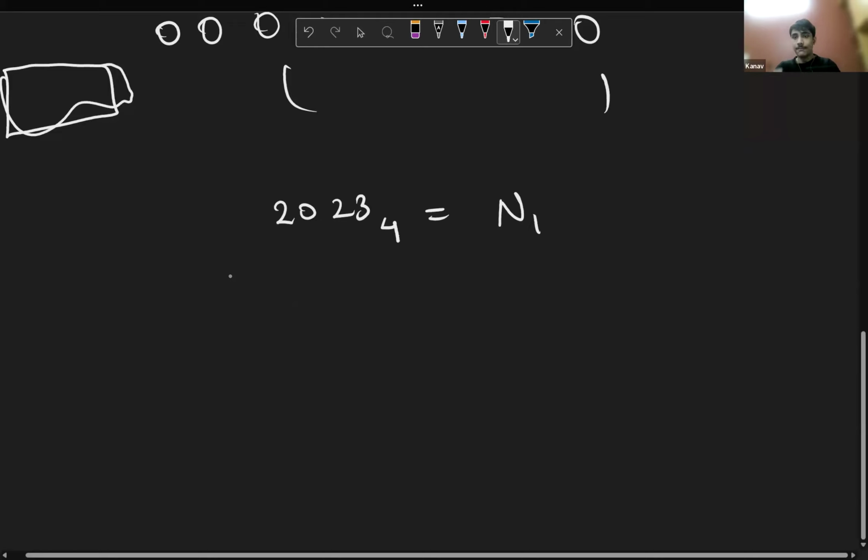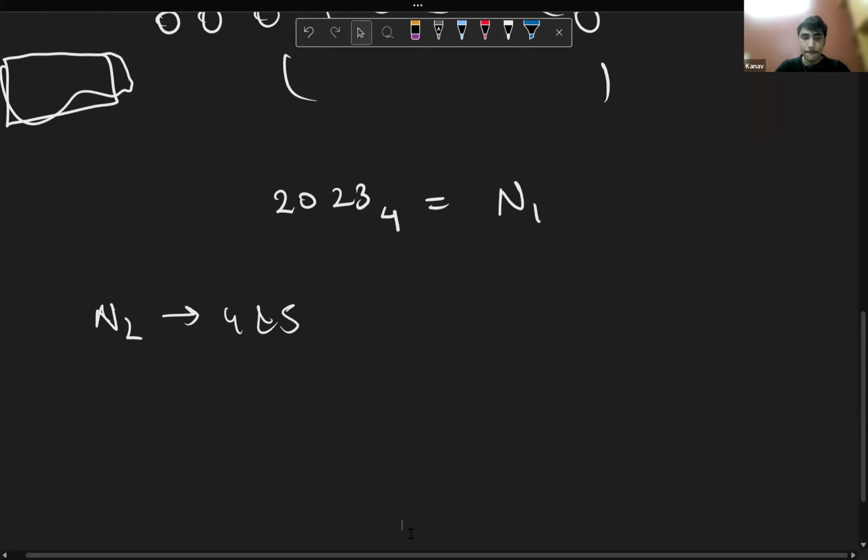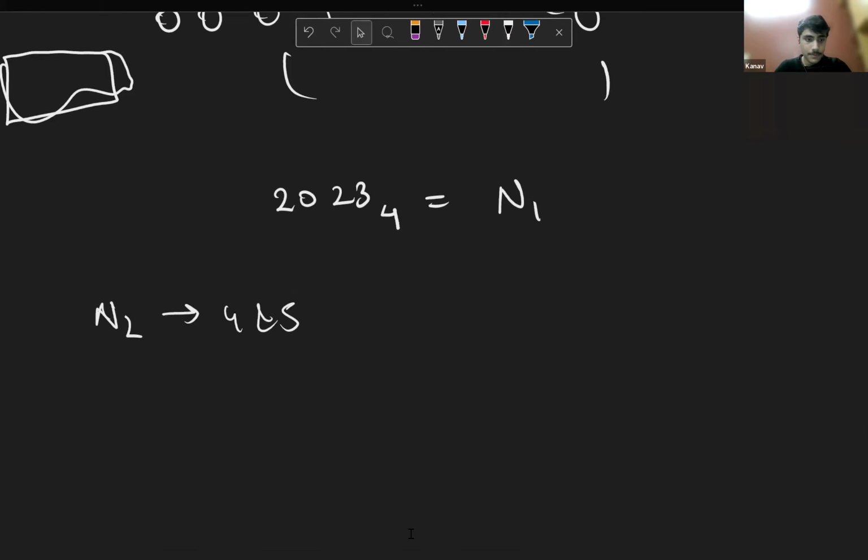So let's just do it for 4 and 5. Let's try to find a number n2, which works for 4 and 5. How do we do 4 and 5?